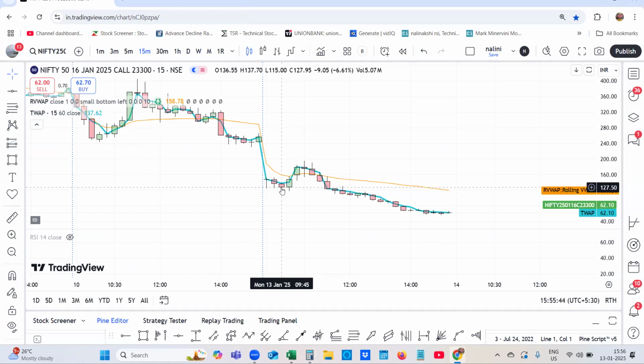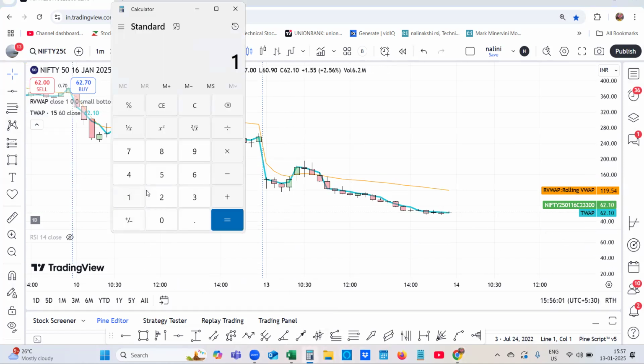You can see the reading of the call option I'm placing: it made a low of 150 and made a high of 195. So 195 minus 150, that is about 50 to 80 points.